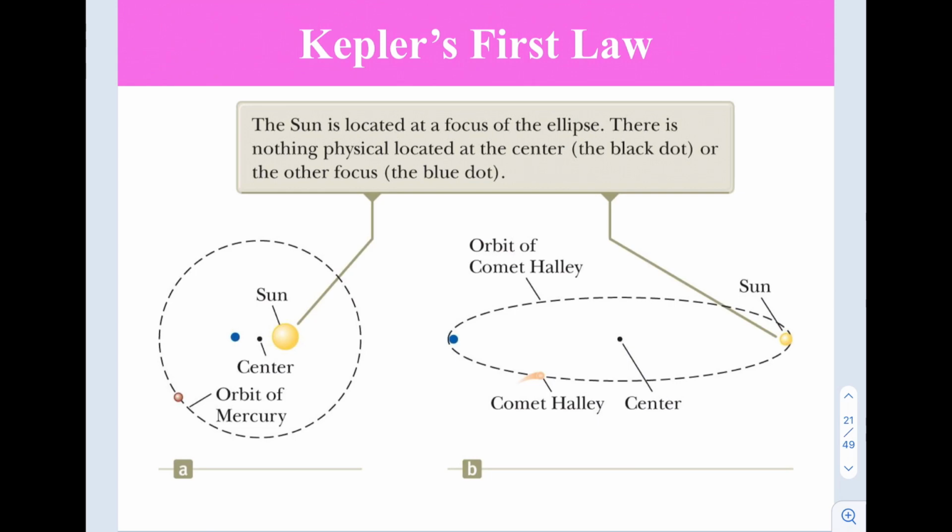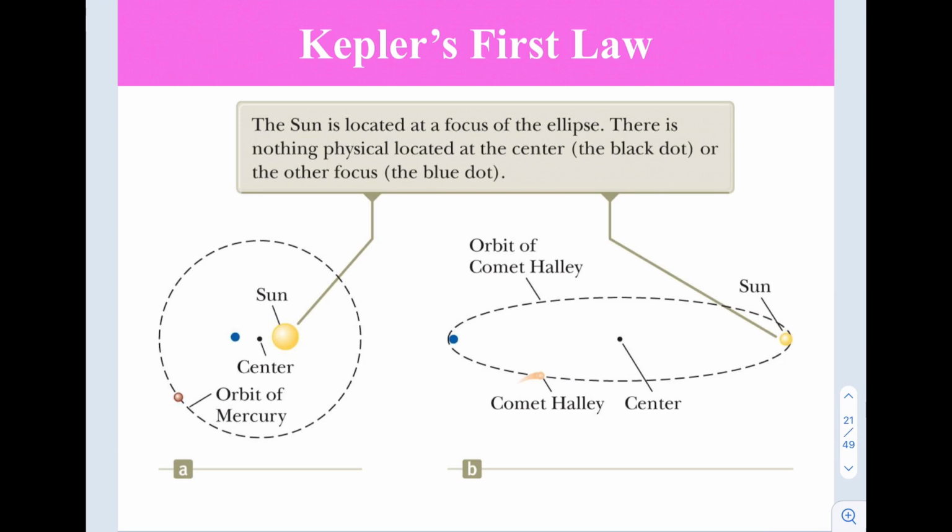Then in terms of application, approximately, we can say that an elliptical orbit imagined as a circular orbit is a good approximation.